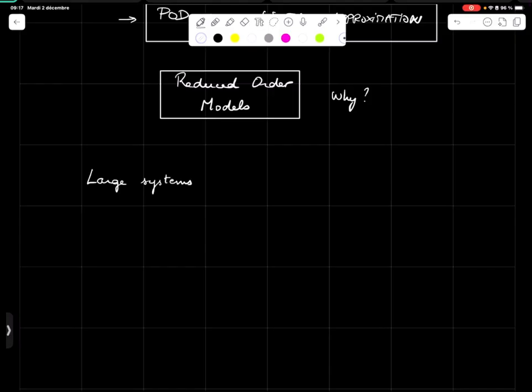So first of all, you may have large systems. What does that mean, large systems? Of course, large is completely vague, but let's imagine that you have a system where you need to solve a problem ku equals f. I'm just writing this in a completely generic way. This is a matrix, this is a vector, and this is another vector, and you need to solve for u.